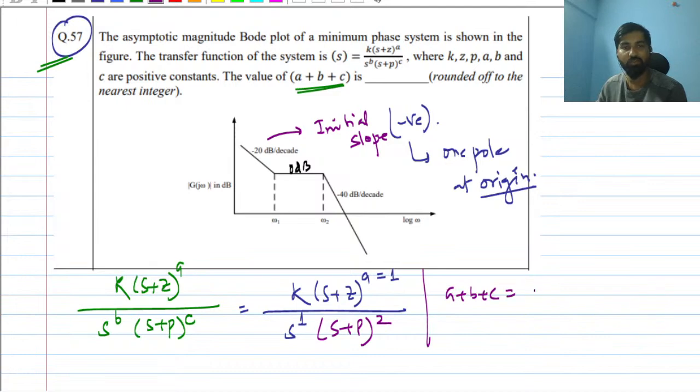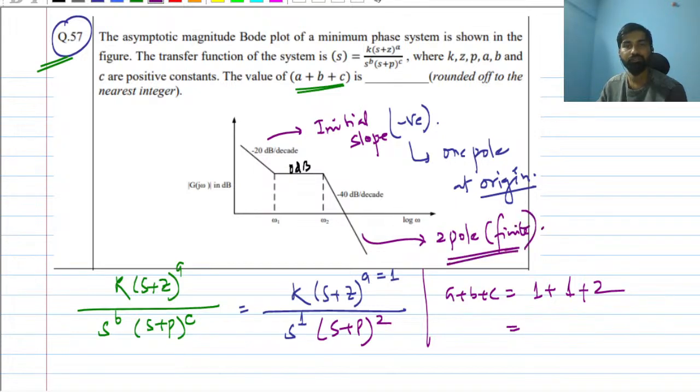So a is going to be 1, b is going to be 1 and c is going to be 2, because of these two finite non-zero poles, and there is one zero which is non-zero finite. So 1 plus 1 plus 2, that is 4.